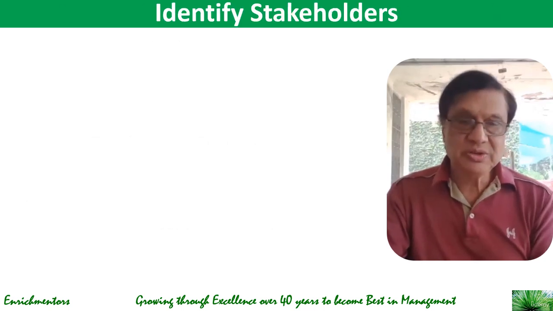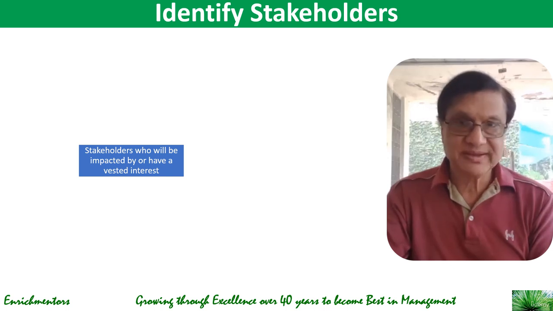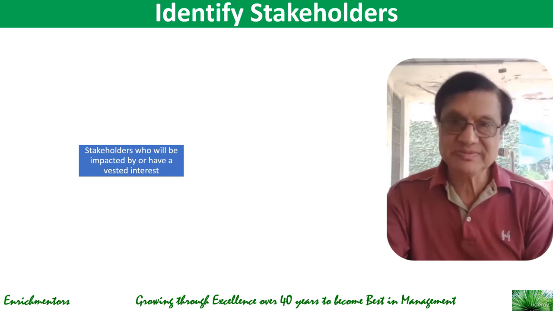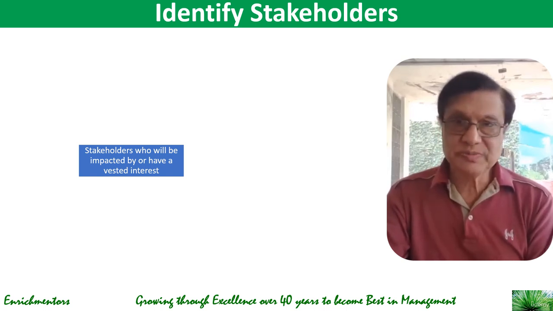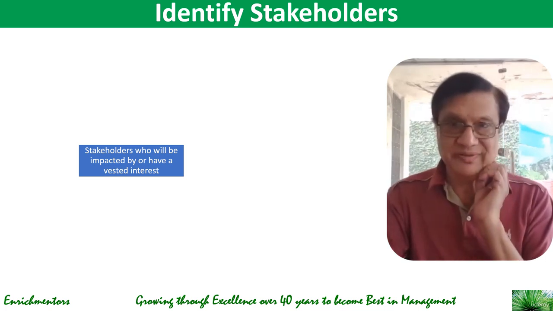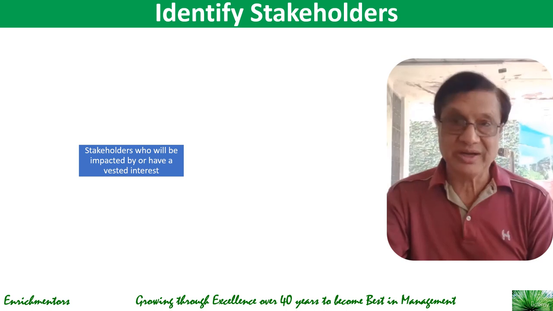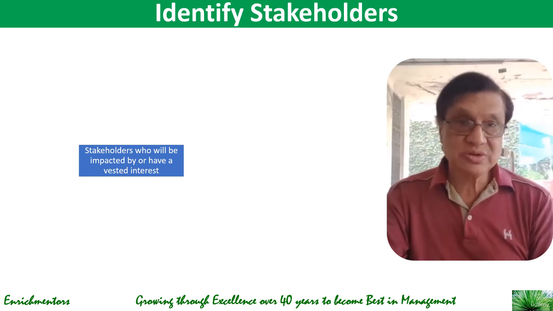So first thing you need to do, obviously, is to identify all the stakeholders that will be impacted by or have a vested interest in the AI project. Vested in a positive sense. So all those people in your company or outside the company who will be affected by and who have an interest in the AI project, you need to identify. Who could this be?